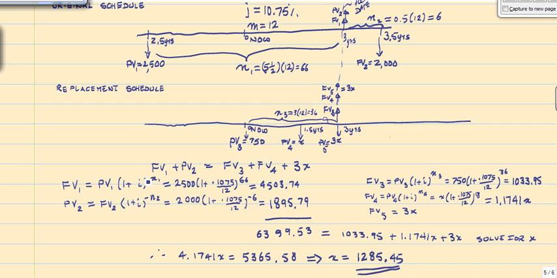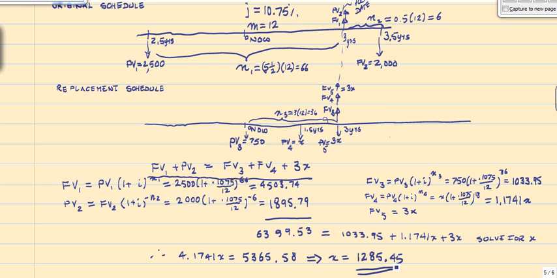If we use this equation in here, it's a key equation. So we want to add future value 1 plus present value 2. That gives us 6399.53, which has to be equal to future value 3 plus future value 4 plus future value 5, and then we're solving for x.